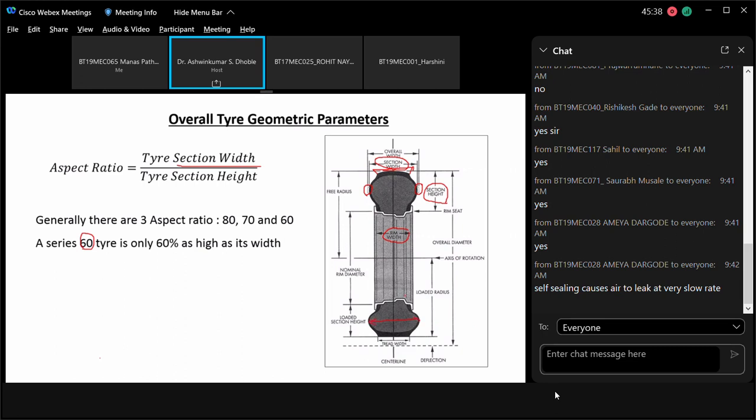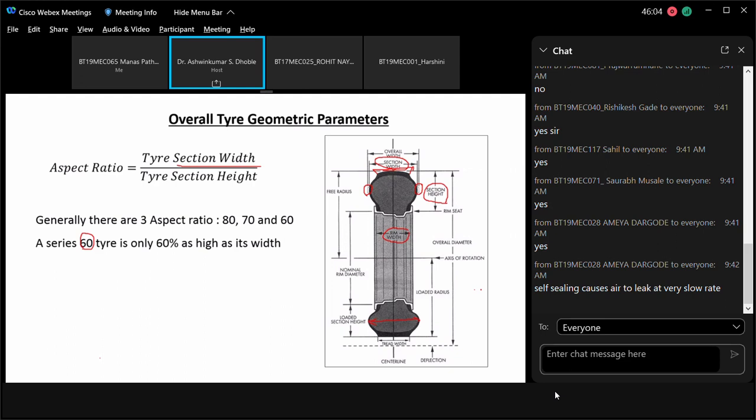And this is the wheel diameter. So this is the nominal rim diameter, overall diameter, and other dimensions are shown here. There are two types of radius which are to be used in the tire convention. One is the free radius, the other one is the rolling radius. So where to use the free radius, where to use the other, the rolling radius.